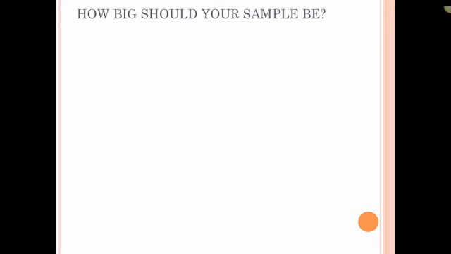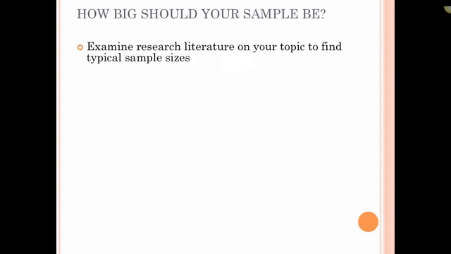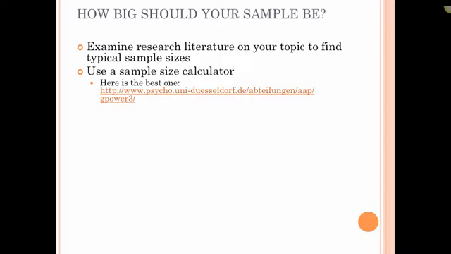So an important question is, how big should your sample be? If you're going out to conduct a study, how many people or participants should you be sampling? One certainly good benchmark is to look at the research literature on your topic to find out typical sample sizes. Another thing, and I'll show you one on the next slide, is that you can use a sample size calculator. Typically, if you know that your population is less than 100, you will not sample, and you'll just include everyone.